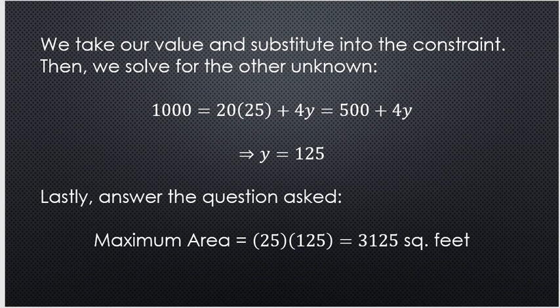Step 4, differentiate, set equal to 0, solve for first unknown. Step 5, take this unknown value, substitute into your constraint, solve for other unknown. And lastly, step 6, answer the question that was asked of you.